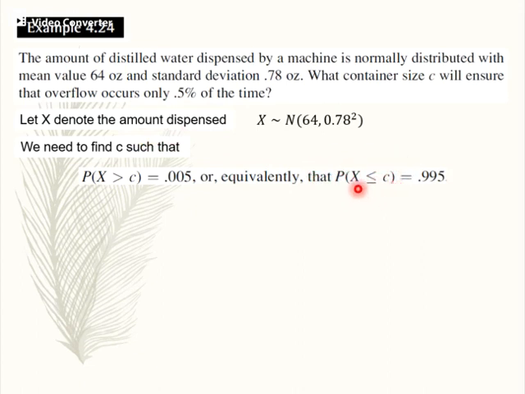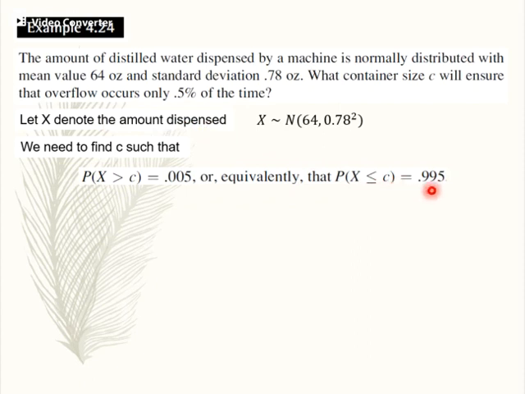X is the amount dispensed, so it's saying what's the probability that the amount dispensed is less than or equal to the container size? It's literally taking the English sentence and turning it into math notation. In other words, what's the probability that you do not have overflow? It's the complement of the overflow case. You will not have overflow when the amount you dispense is smaller than the size of the container.